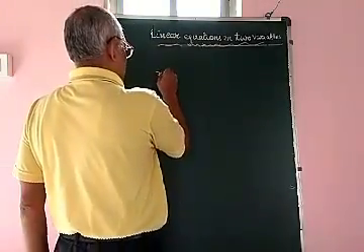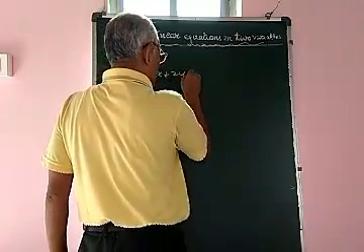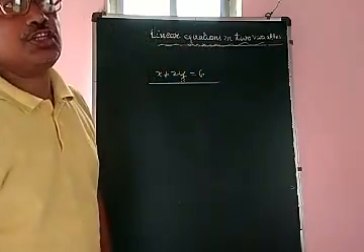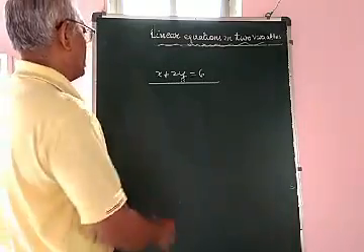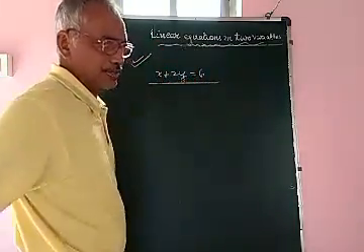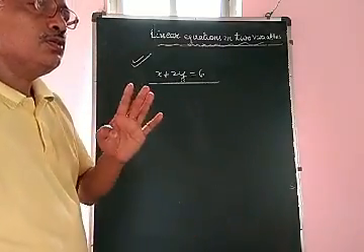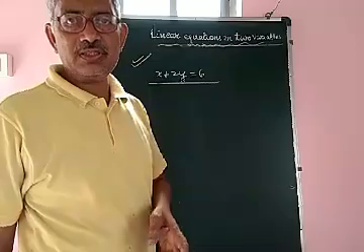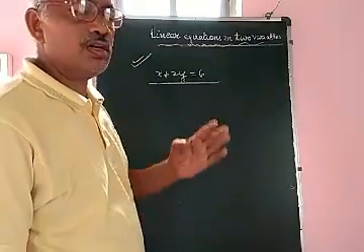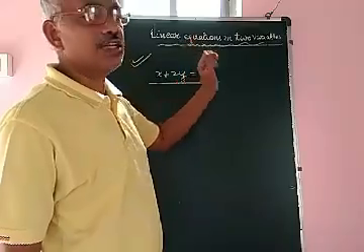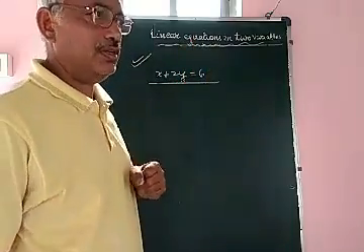Suppose x plus 2y is equal to 6 is a linear equation in two variables, and we have to find the solution of this equation. There are two methods for finding the solution of a linear equation in two variables.